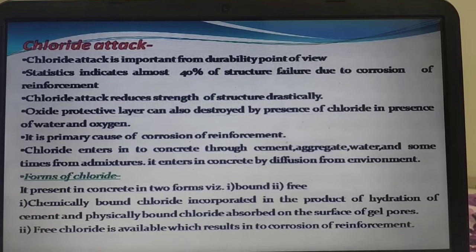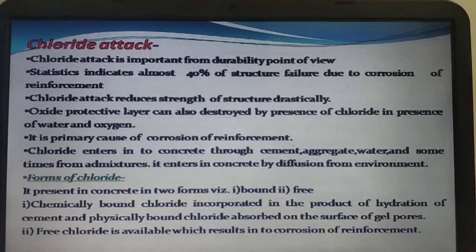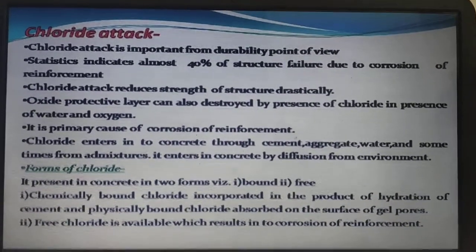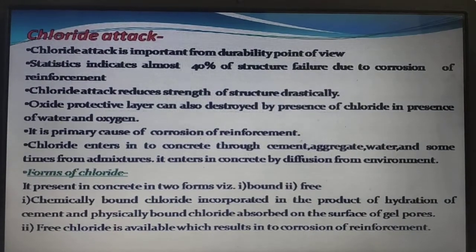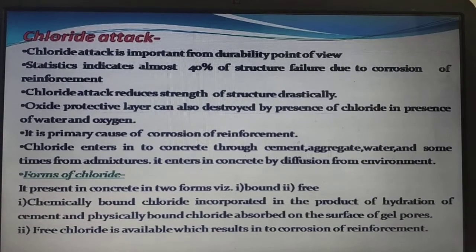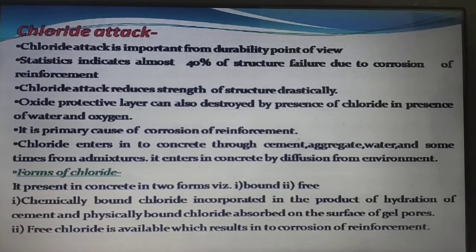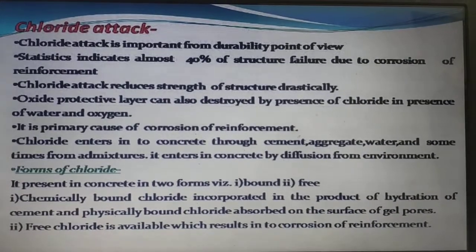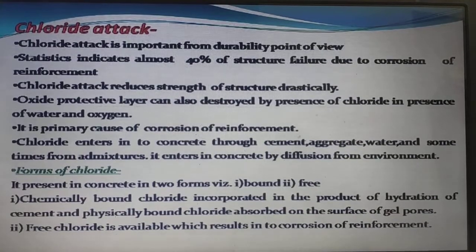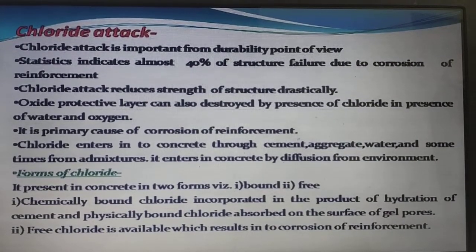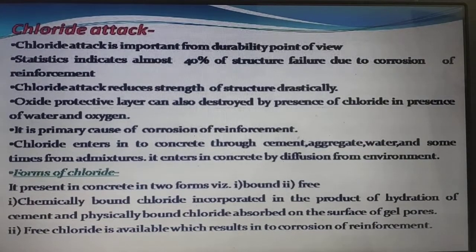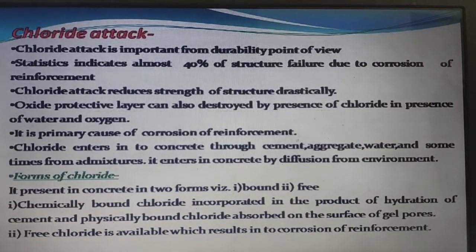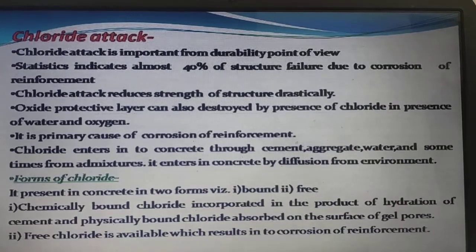The oxide protective layer present on the outer side of the reinforcement in concrete can be destroyed by the presence of chloride. It is the primary cause of corrosion of reinforcement, and we have already seen that 40% of structural failures are due to chloride attack or corrosion of reinforcement.